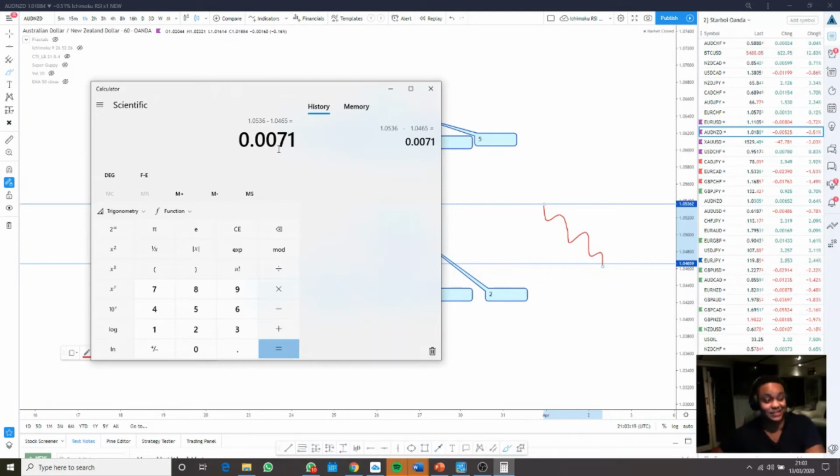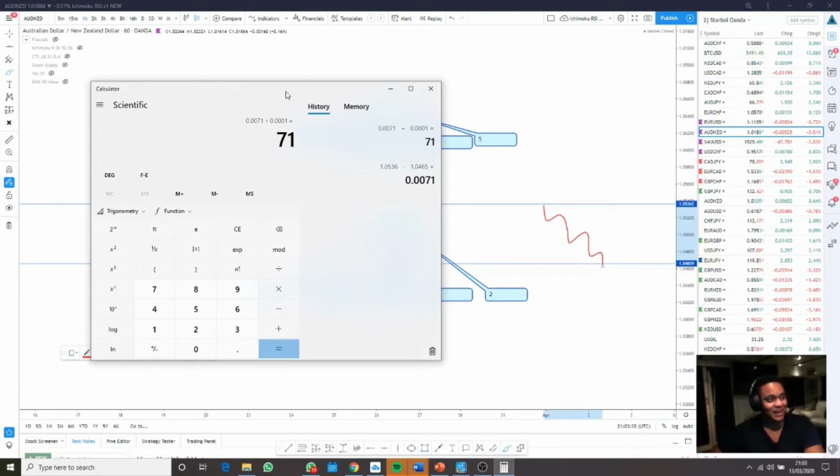Right now this still looks like it's kind of complicated, right? But all you simply need to do is 0.0071 divided by 0.0001, and voila. We can see that the movement which happened right there is 71 pips.